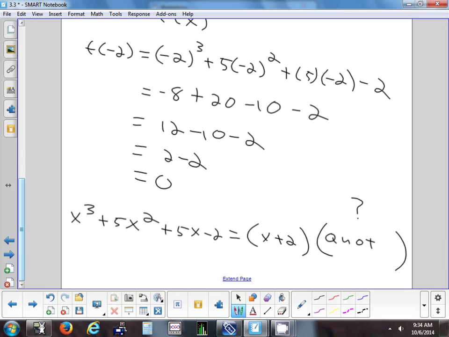The problem is when we have things that are higher than quadratics, we don't have formulas for them. And we don't know how to factor cubics nicely. So we have to take them down one step at a time. And all the problems I give you, when we start doing that, will work out nicely. So there'll be special ones that you can actually do.